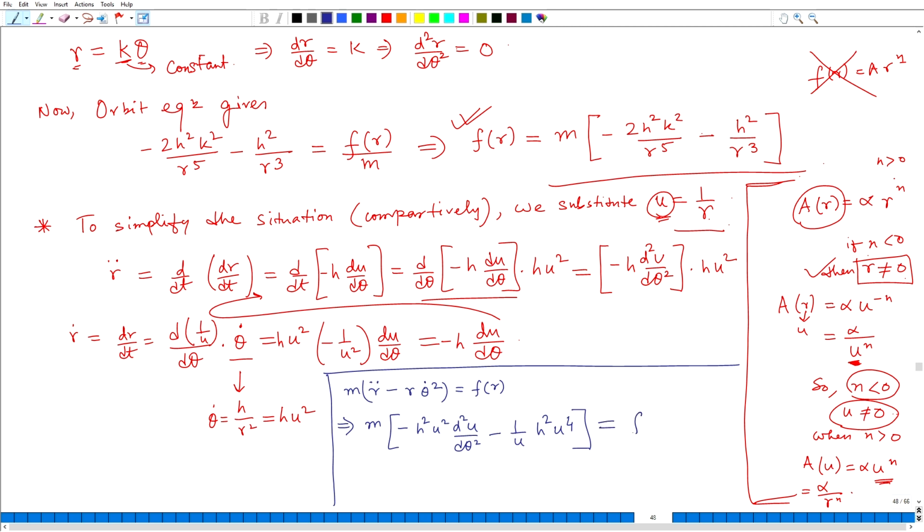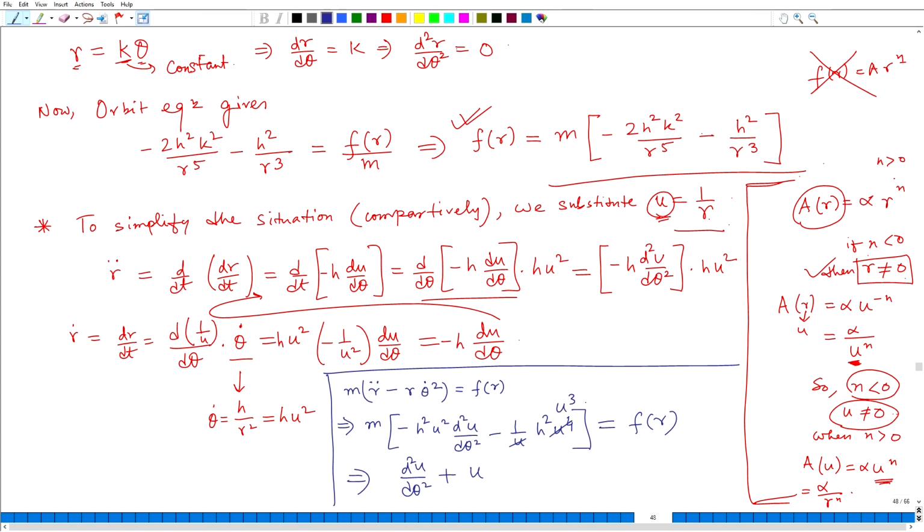This is equal to f of r, and then finally you will have d2u/dθ² plus u, where u will go away actually from here.